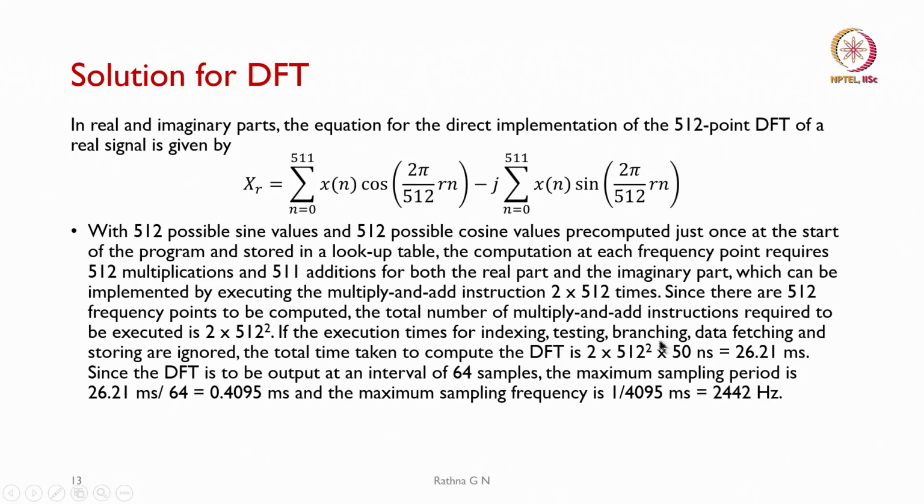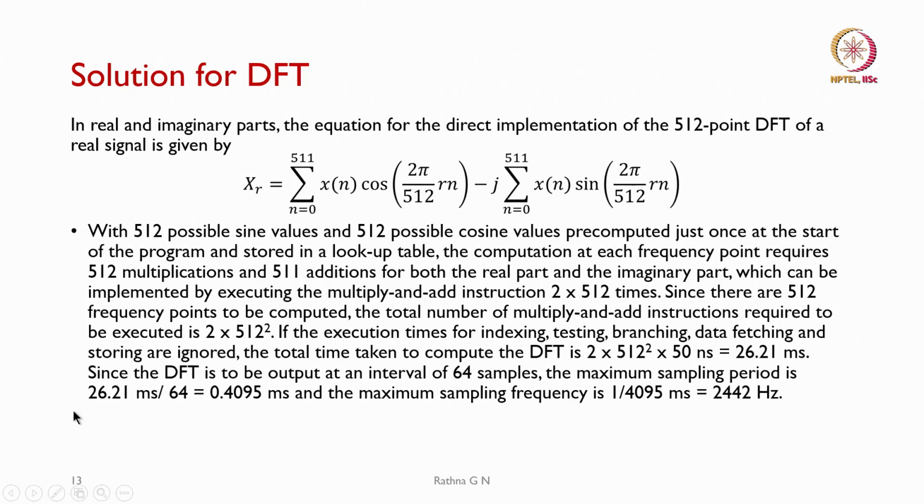We are ignoring the distinction because multiplication and addition are combined, which is of the order of n squared, and each takes 50 nanoseconds, as we have been given. Then this comes to about 26.21 milliseconds, and we have been given that chunks of 64 samples go at a time.